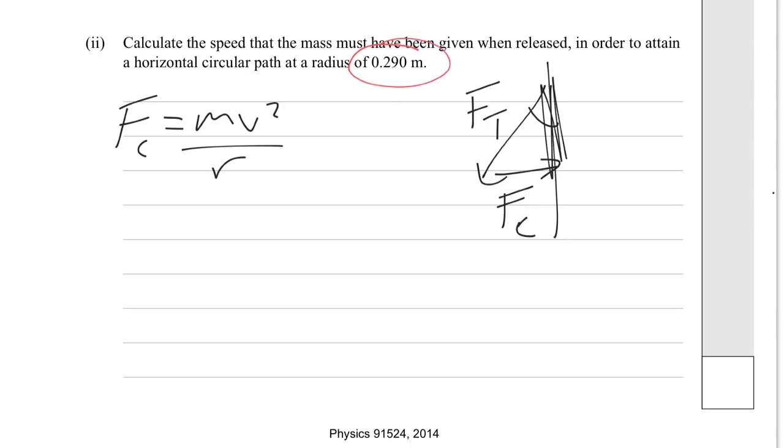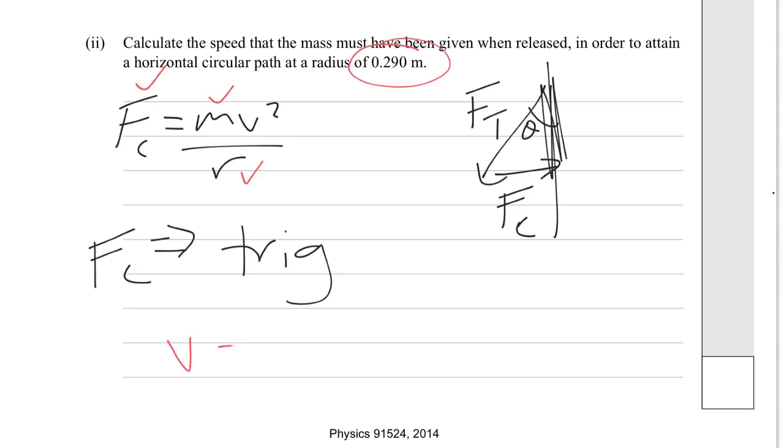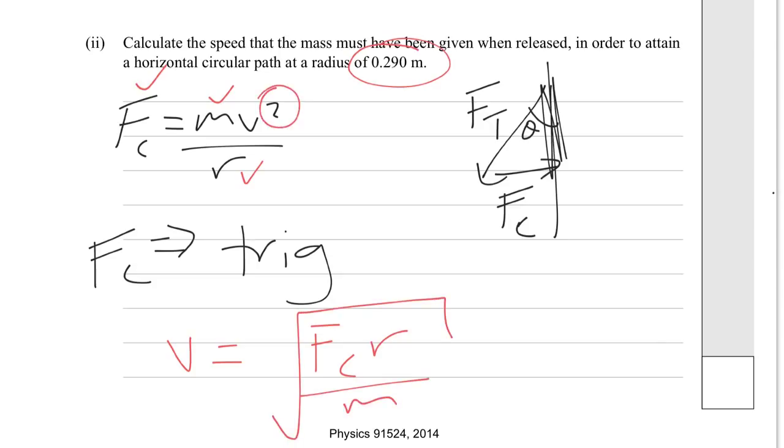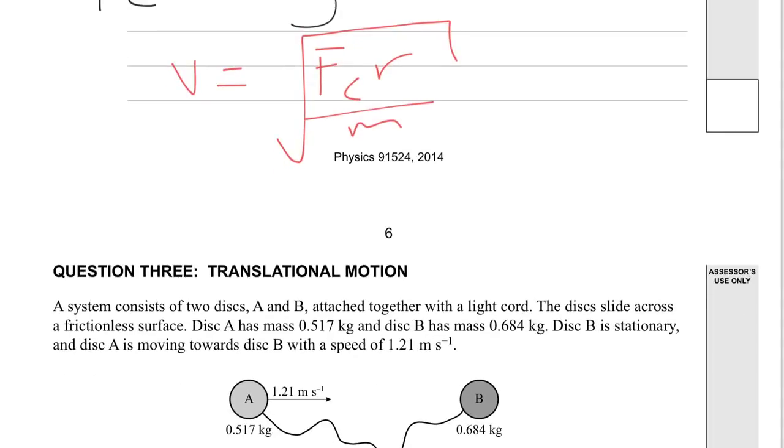Once we use our trig to work out what Fc is, we've got enough information, the mass and the radius are given to us, to rearrange for v. So v equals the square root of Fc R over m, because of that squared factor. We plug in our numbers and find v that way. That's it for question 2.